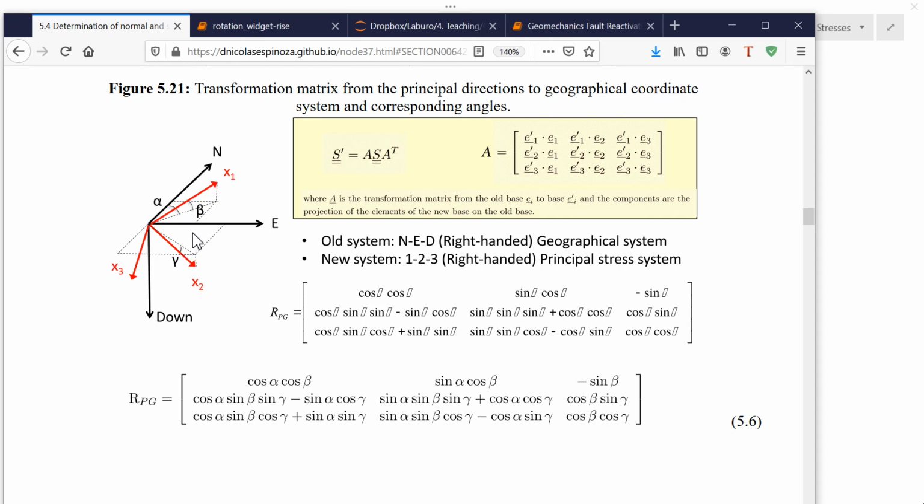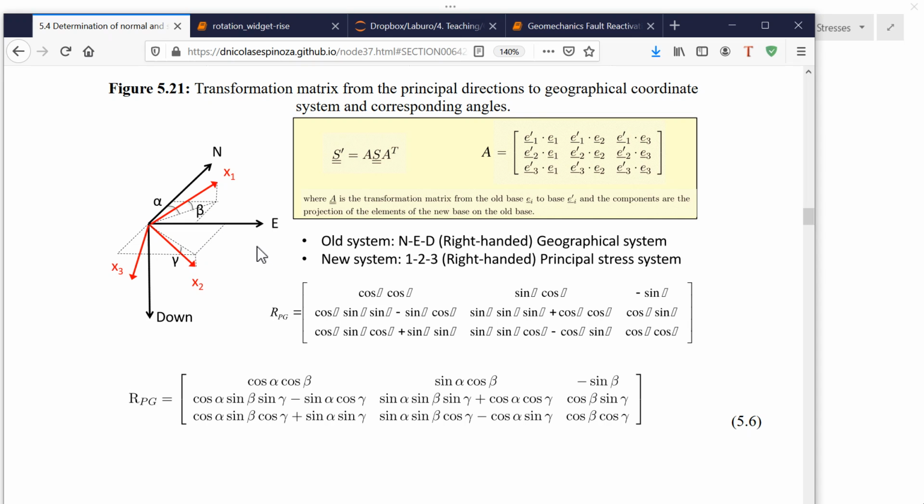It's just geometry and projections of the elements of a base into another base, where these alpha, beta, and gamma are the angles that determine the rotation of such coordinate system.